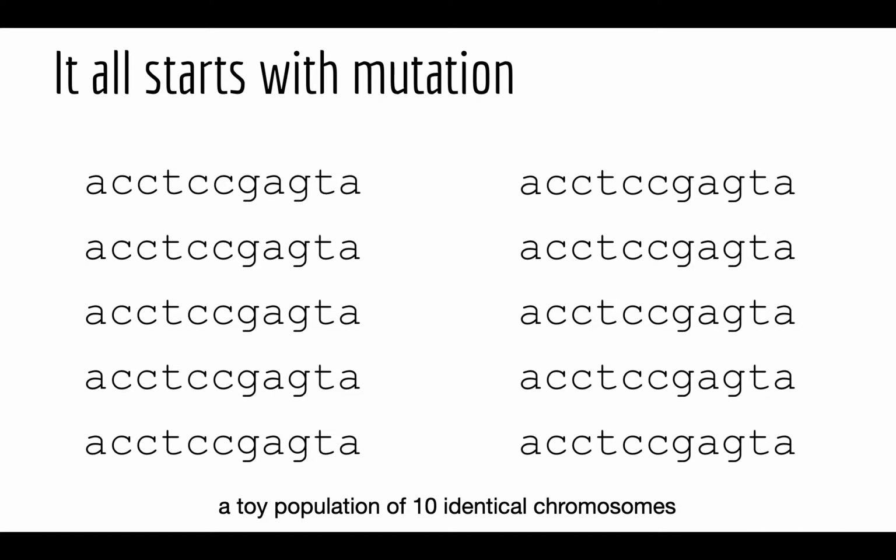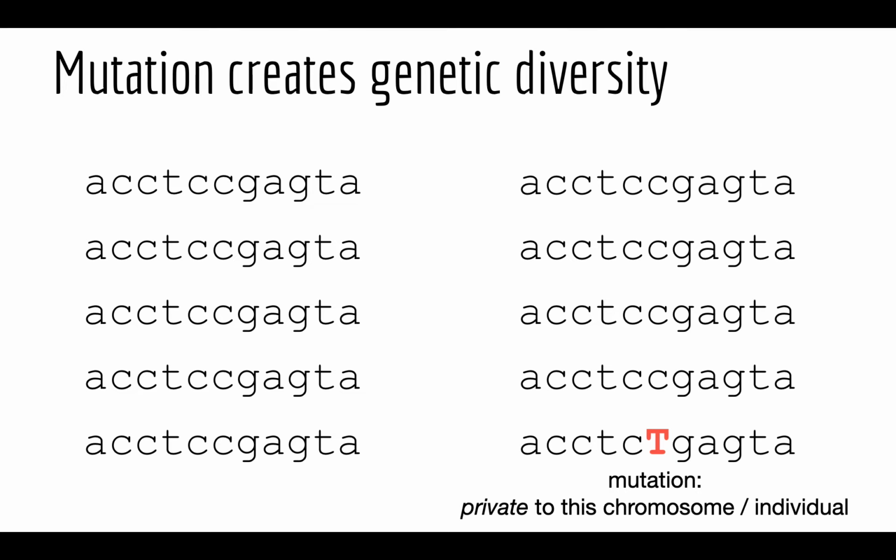This is the DNA sequence of the man who generated these gametes. Now let's imagine one of these gametes is different. A mutation arose on this gamete that makes it different from the other 9 gametes. So this mutation is private to this chromosome, or this individual is probably the wrong word here, this gamete.